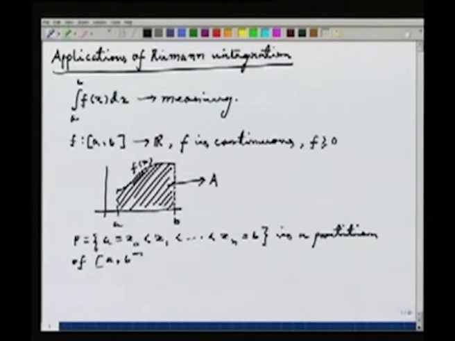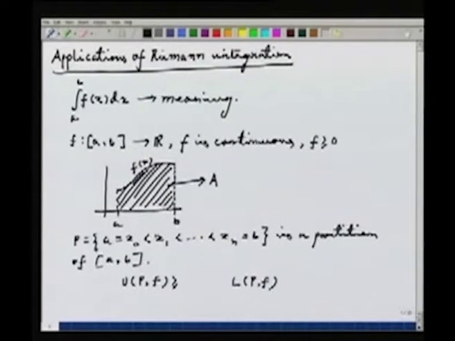Then I form the sums U(P, f). I can also form the sum L(P, f). I know what is the connection between these two. I know that this is bigger than or equal to.